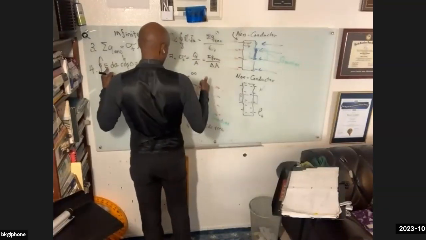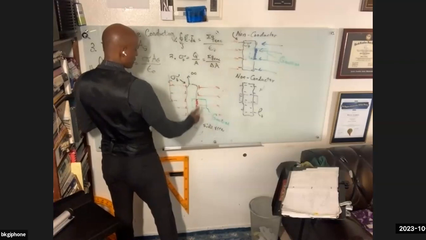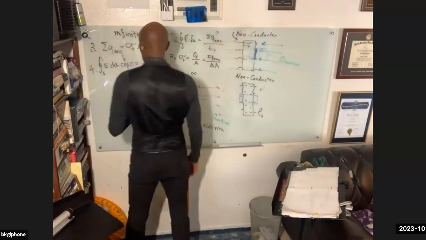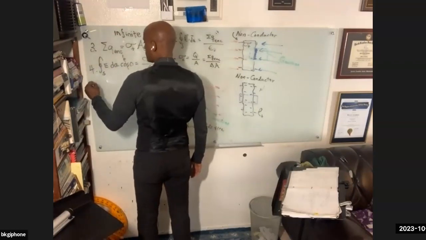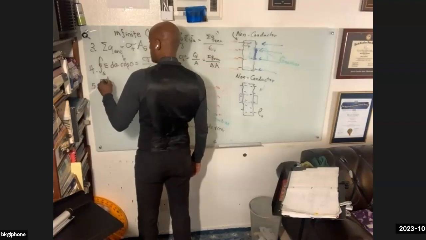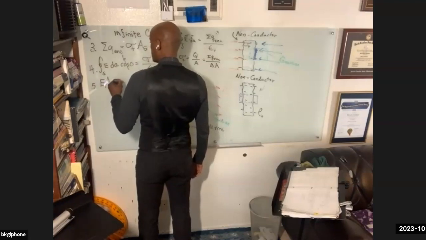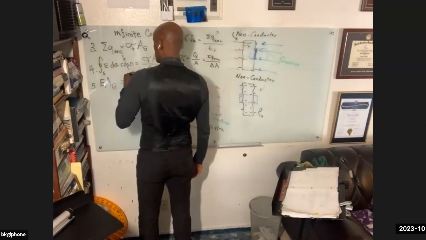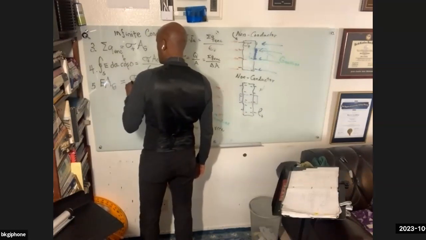E is constant because it's the same everywhere on the surface, so it comes out of the integral. And so ultimately on the left side, we just have E times the area. But this is the area of the Gaussian in this case, equals sigma plus A over epsilon naught.